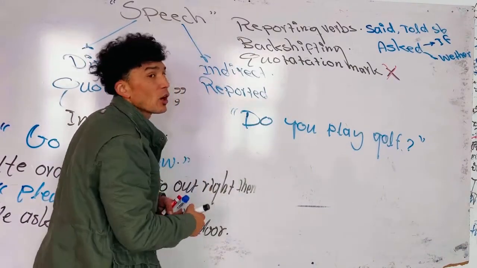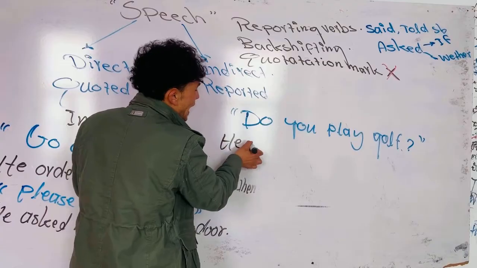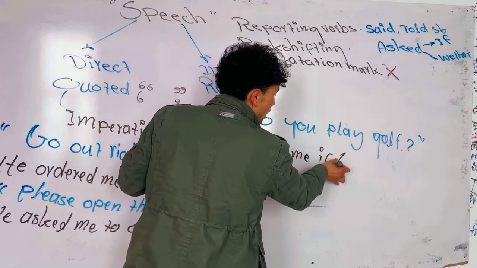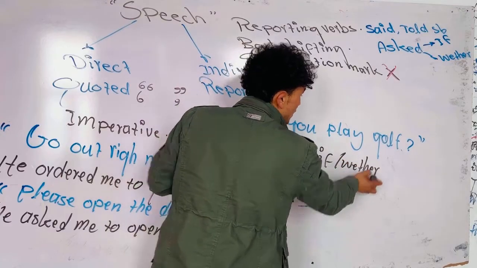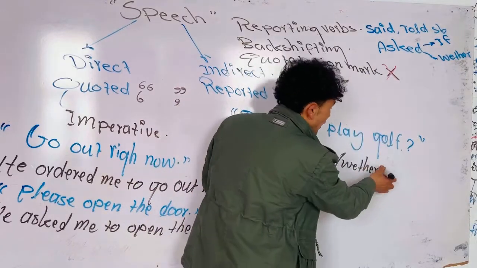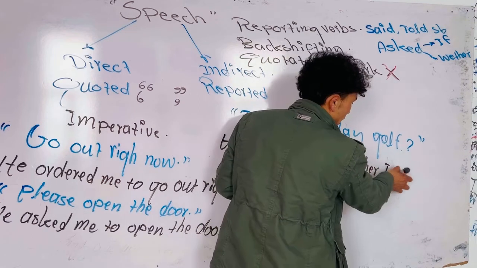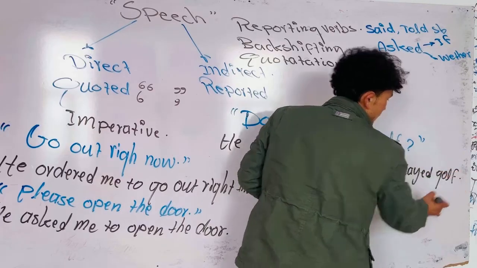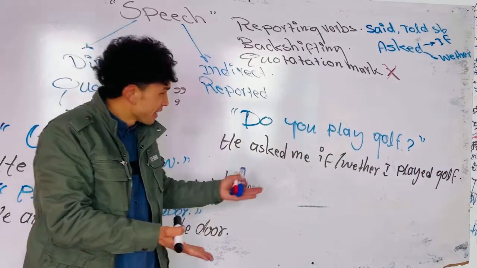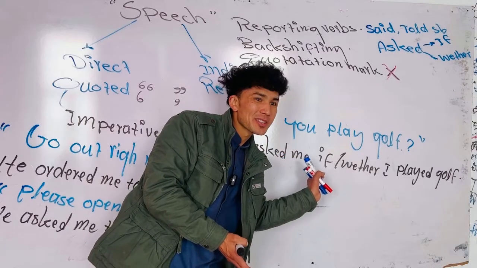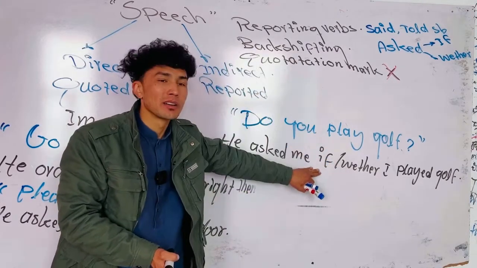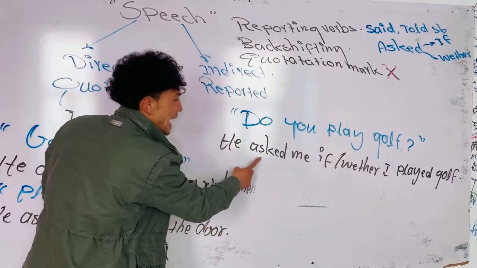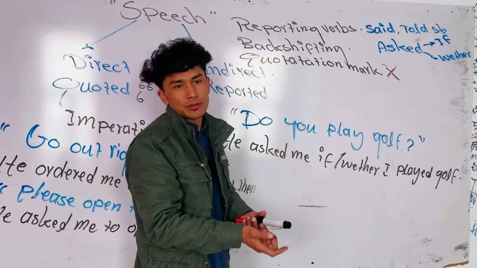You said, he asked me if or whether I played golf. Play becomes played. The order changes from question to positive. He asked me if or whether I played golf.